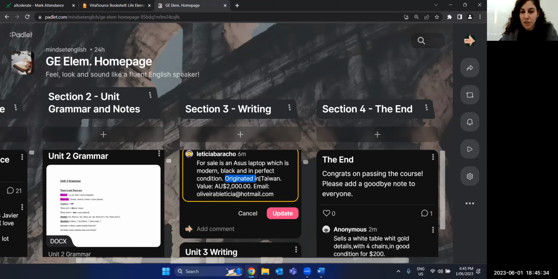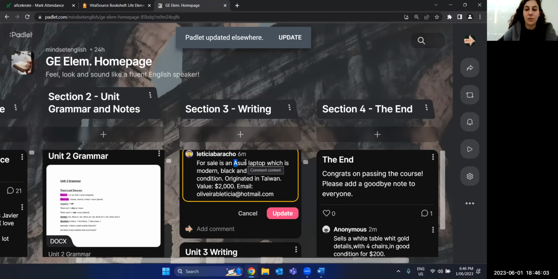Or you could have made it a little bit shorter, made in Taiwan. Value, $2,000. So you can stop like that. Email, good. So we can take off the AU because we're in Australia. So value, $2,000. Yeah, value, price. So for sale is an. Remember, we're saying an here because the next word, the brand, starts with a vowel.